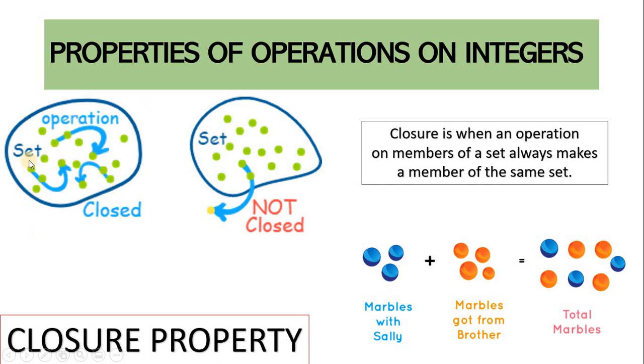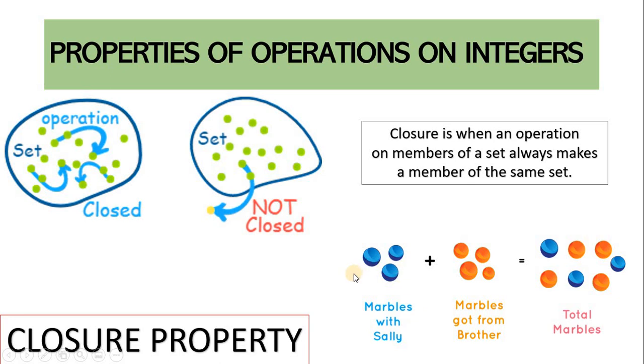Meaning, lahat ng mga members doon sa set na ito ay member ng iisang set. Unlike dito sa right side ng illustration, hindi siya closed set kasi merong naligaw, merong member na hindi naman kabilang doon talaga sa loob ng set.